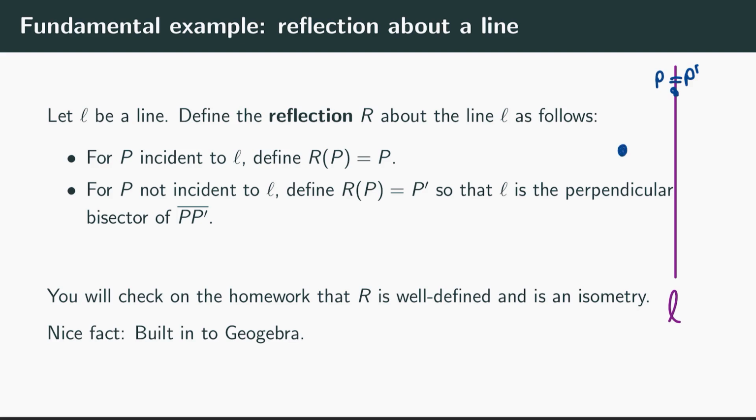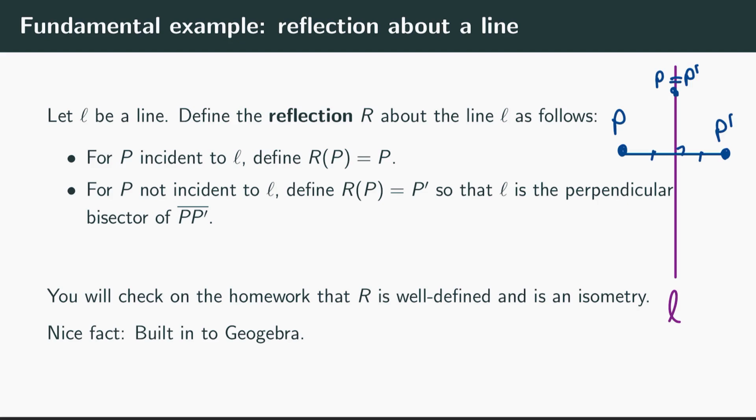But otherwise, if I'm here, and if that's P, we have our point P prime on the opposite side of the line L, and we have this little segment here that is perpendicular to the line L, and I want it to go the same distance on the right as on the left.